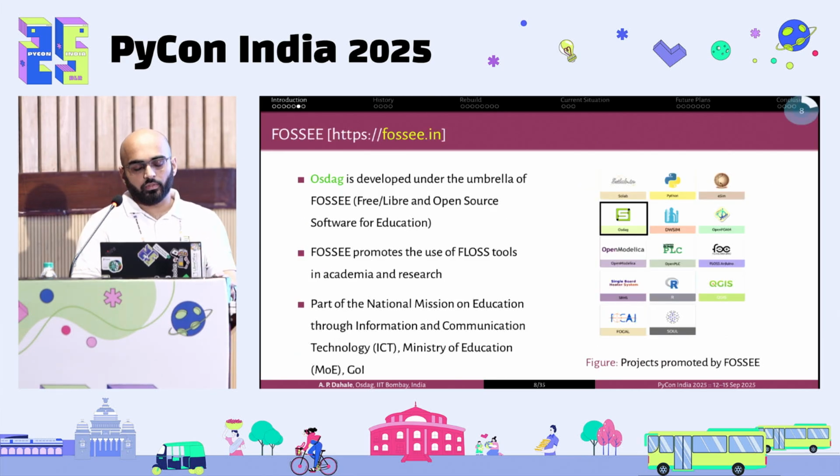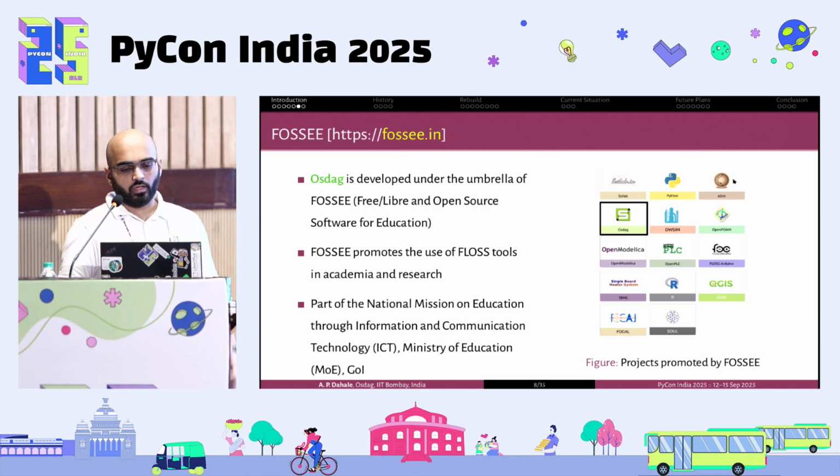So let's go into it. Osdag is part of the FOSSEE team at IIT Bombay. We are among a dozen other software that are promoted, and some of them are built in house as well, like Osdag and eSim here.